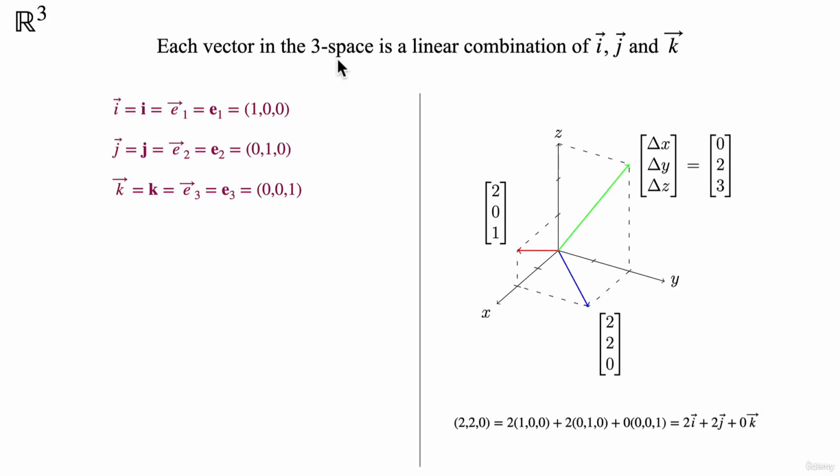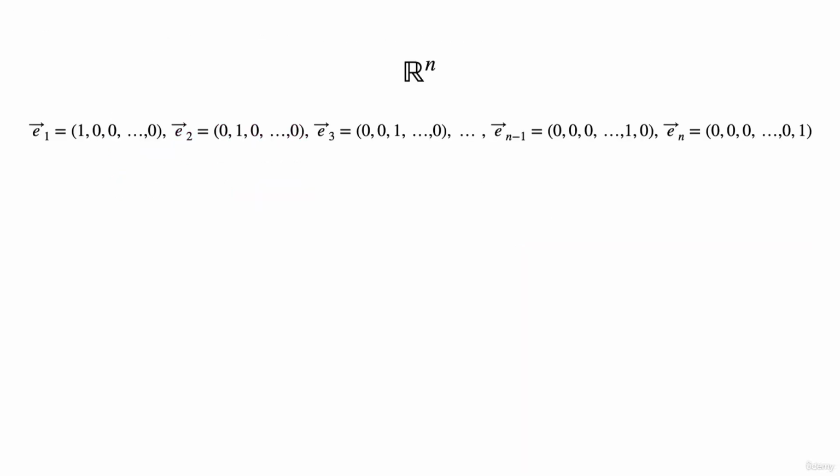And again, each vector in the free space is a linear combination of the 3 unit vectors. And the same principle as in the plane, the coefficients of the linear combination are just the coordinates of the vector. So this is just the meaning of coordinates, being a linear combination of those vectors generating the space. And you can generalize this concept of unit vectors to the space Rn, but there again without geometrical interpretation.